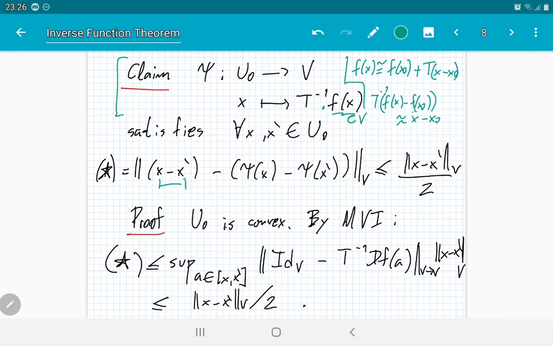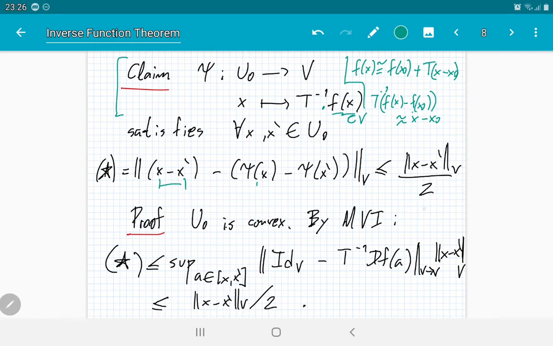When the distance between x and x prime gets smaller and smaller, the distance between psi of x minus psi of x prime and x minus x prime, the difference between these two things, gets even smaller, right? It's less than the distance between x and x prime over 2.